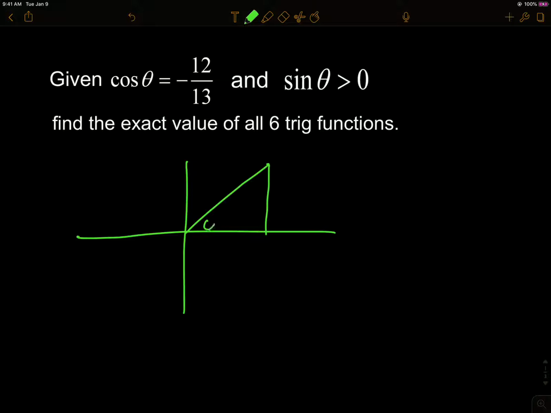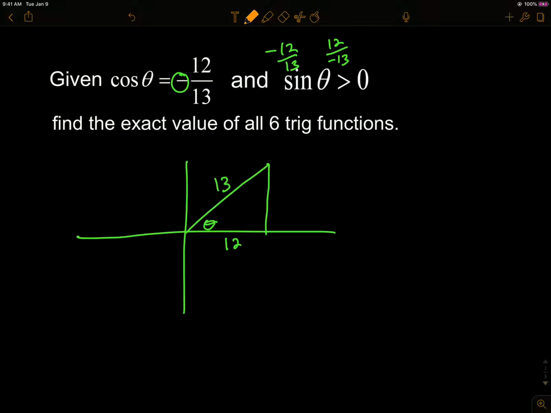So since we're doing theta like this, let's say, 12 would be adjacent, and 13 would be the hypotenuse. We typically don't put our negative with the hypotenuse. In other words, negative 12 13ths could have been negative 12 over 13, or it could have been 12 over negative 13. Okay? So there are some possibilities here.